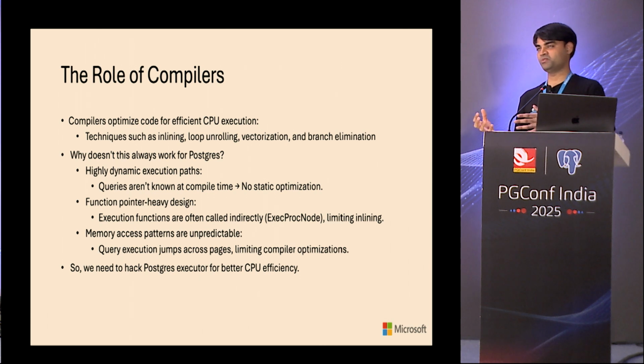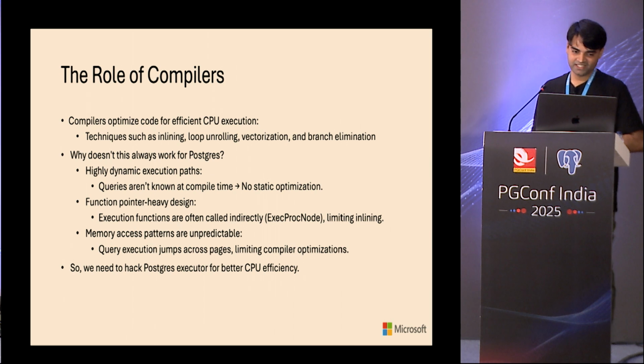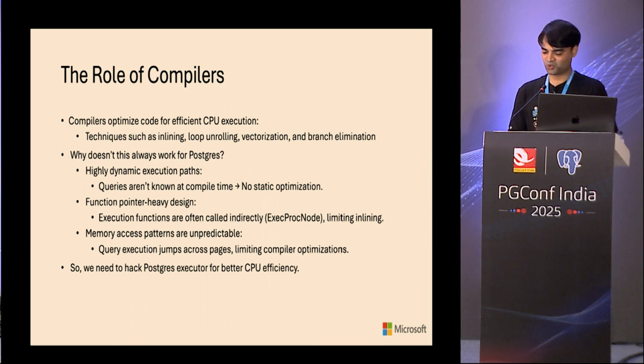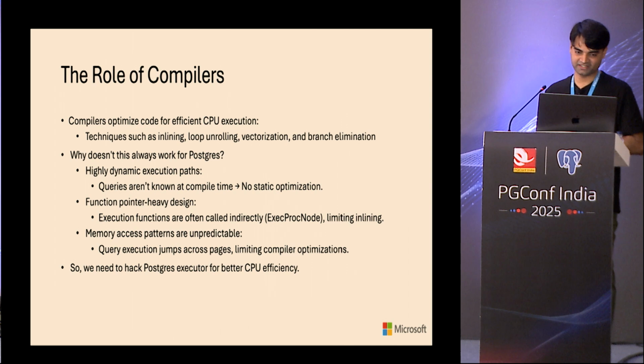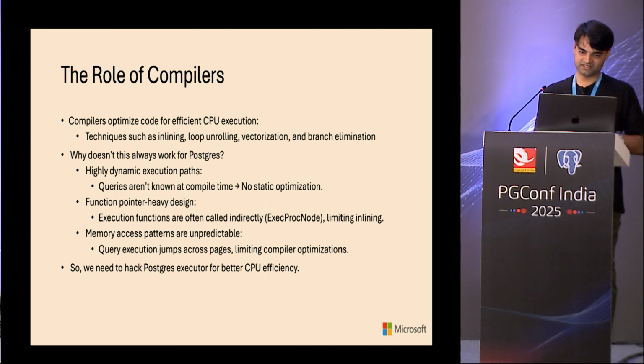You could write a database where you know what the query access patterns are, what the queries are going to look like, and if that's the case, you can write your program specialized for those queries and query plans. But Postgres is a general purpose database system, so the planner and executor have to consider every possible way that a query could come its way. And many conditions are not known at compile time, so compilers are not able to do the things that they are able to do in other cases.